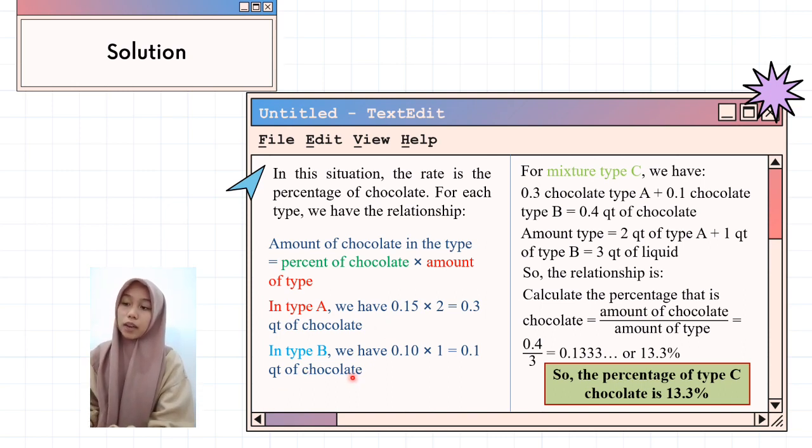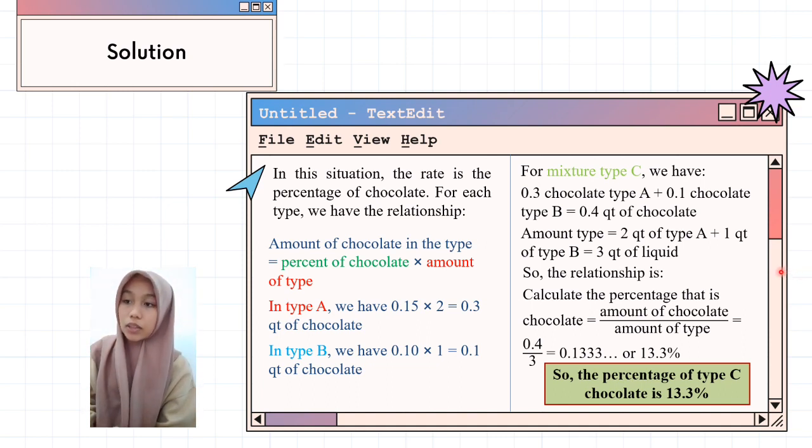In type B, we have 0.1 times 1 equals 0.1 quart of chocolate. For type C, we have 0.3 chocolate from type A plus 0.1 chocolate from type B equals 0.4 quart of chocolate. Amount of type equals 2 quarts of type A plus 1 quart of type B equals 3 quarts of liquid.